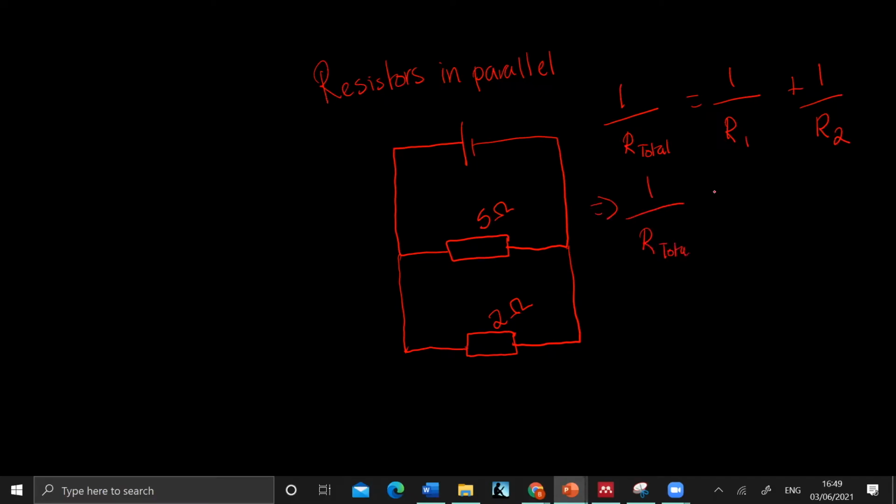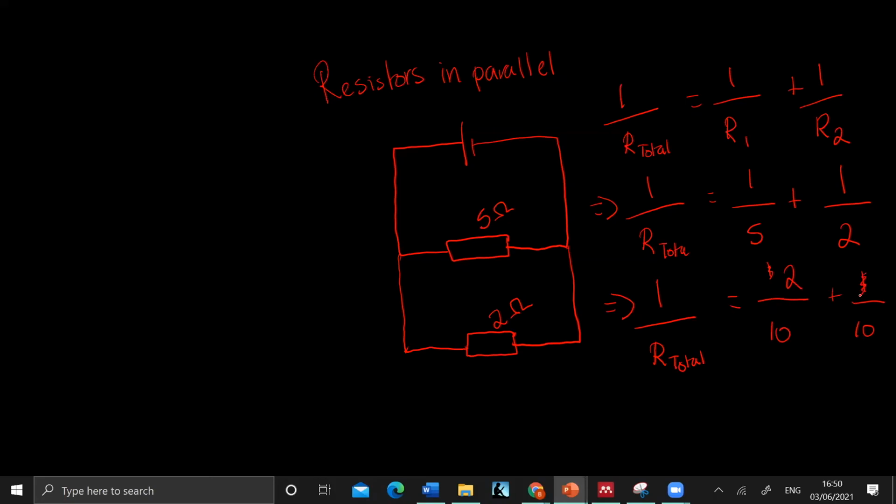So here it's 1/5 plus 1/2, so 1/5 added to 1/2. What you can do is find a common denominator, so you can put them both over 10. A bit of maths going on here. If it's 1/5, it'll be 2/10.